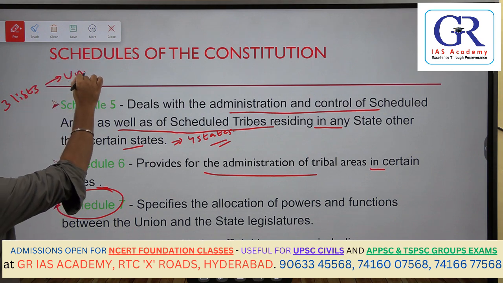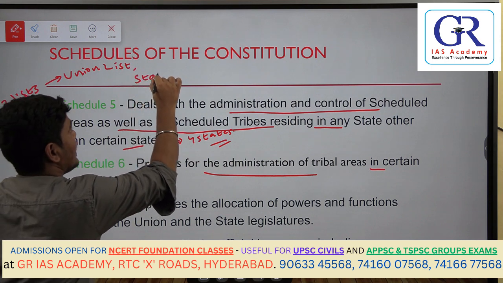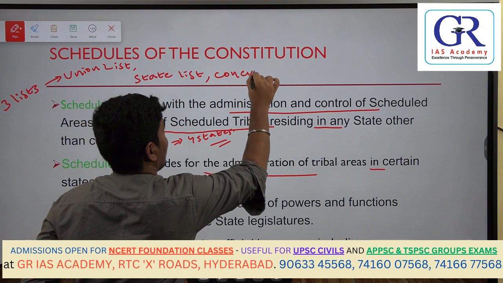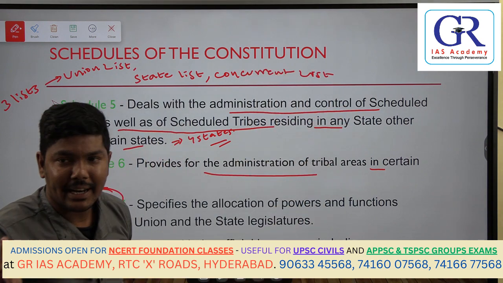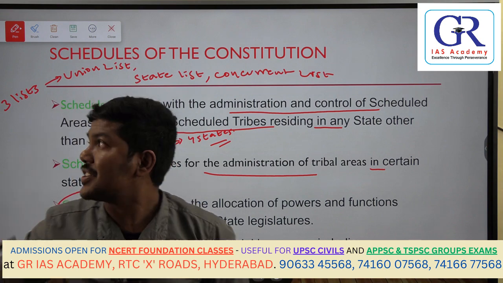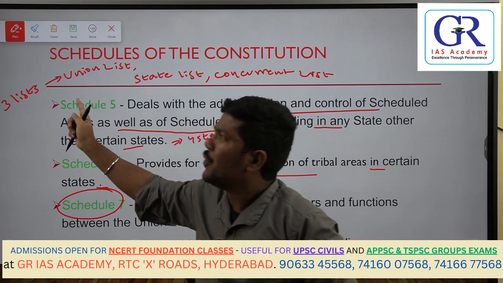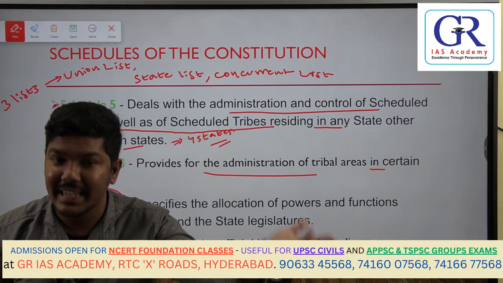The first list is called the union list. Second list is called the state list. And the third list is called concurrent list. There are only 3 lists. First one is union list, state list or concurrent list. A union list basically contains a list of subjects, like for example defense.